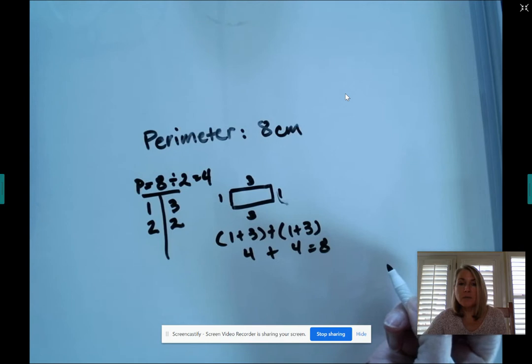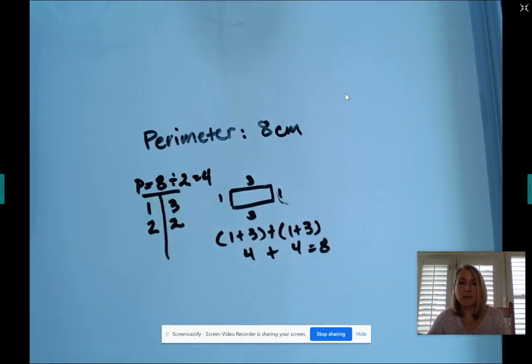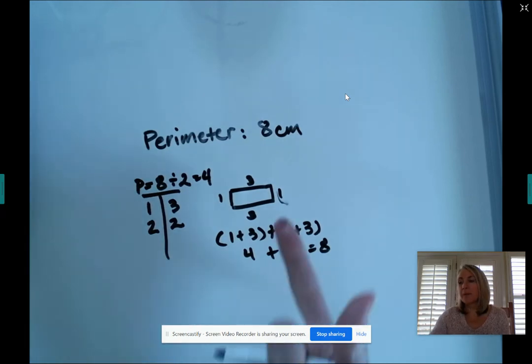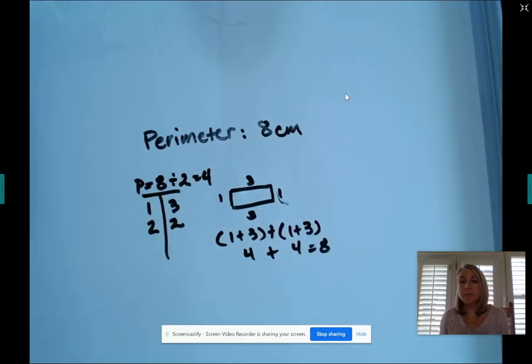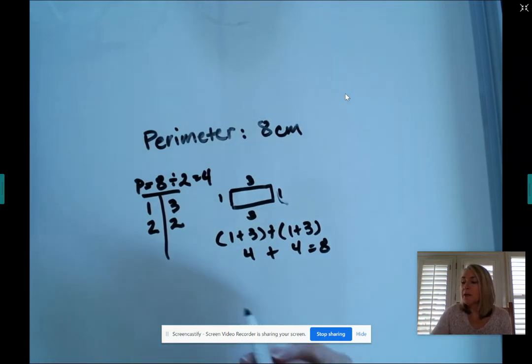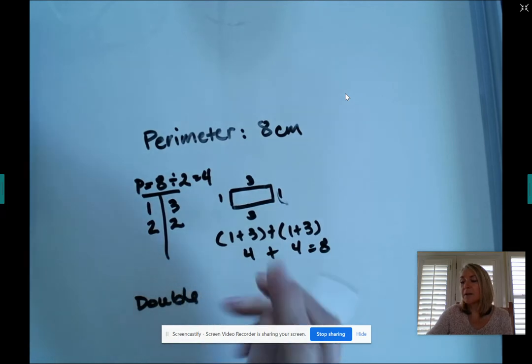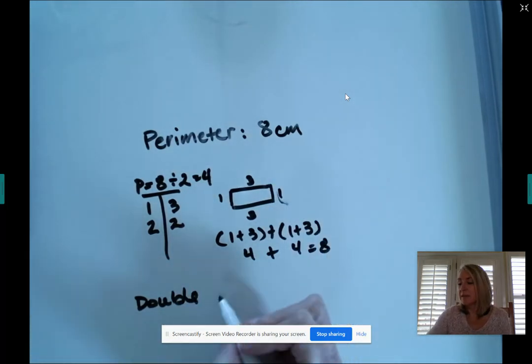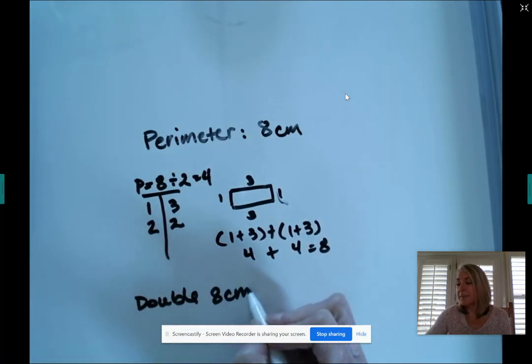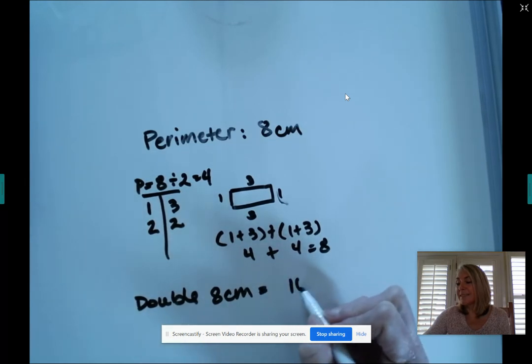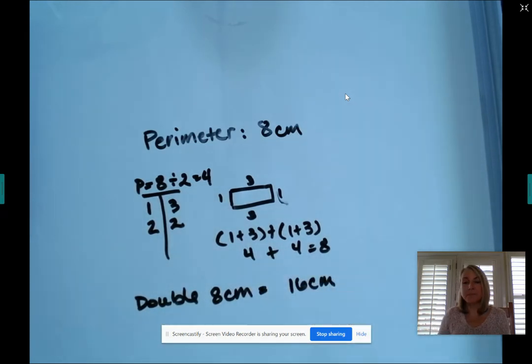Now they are going to throw in a question at you that says, what if you doubled that perimeter? So what if we doubled the perimeter of 8? Doubled, we know, means to multiply by 2. So double 8 cm would equal 16 cm, right? So I would just do the same process.